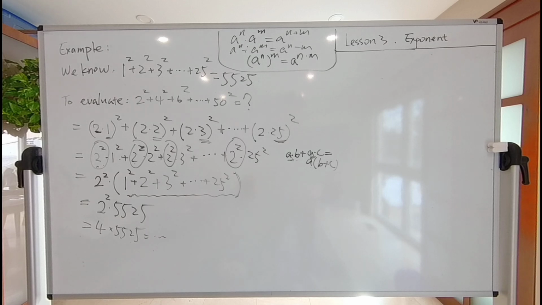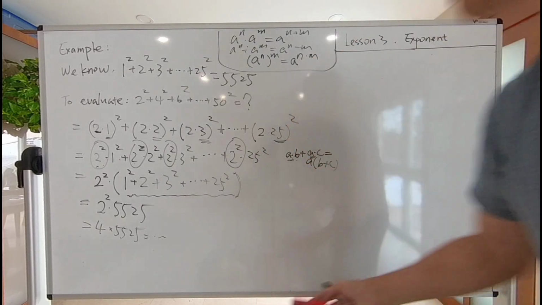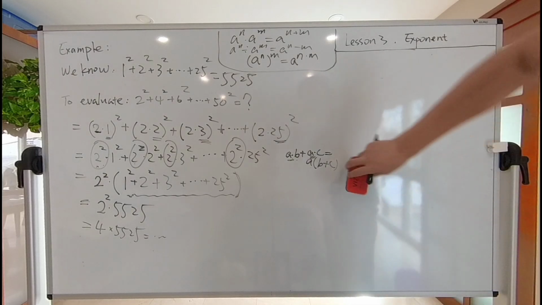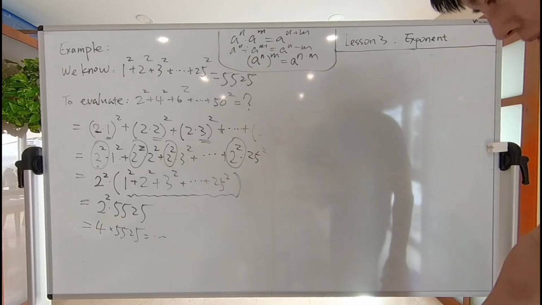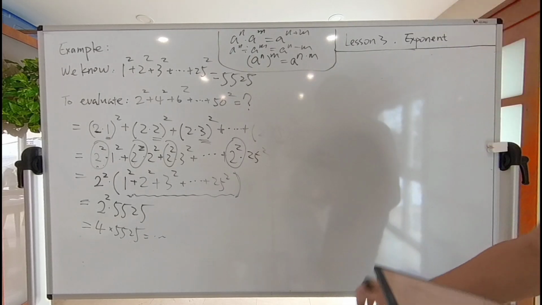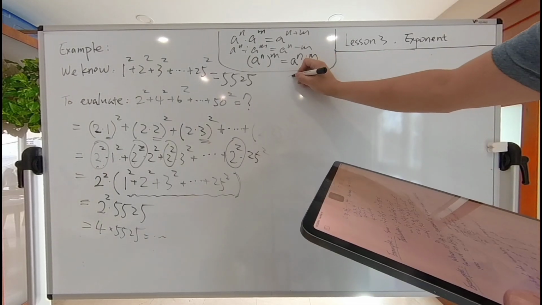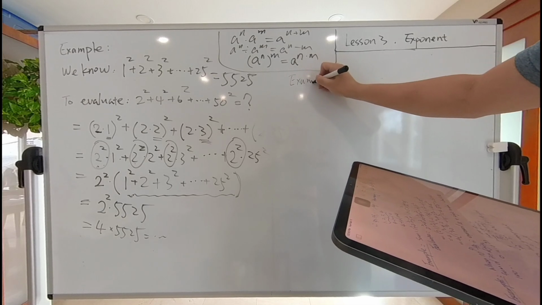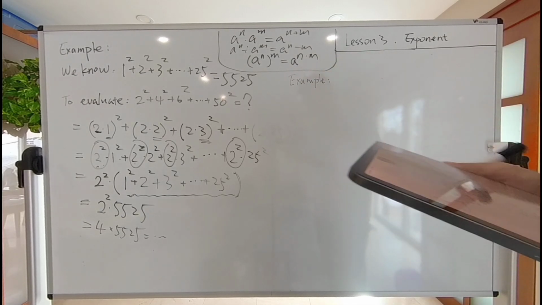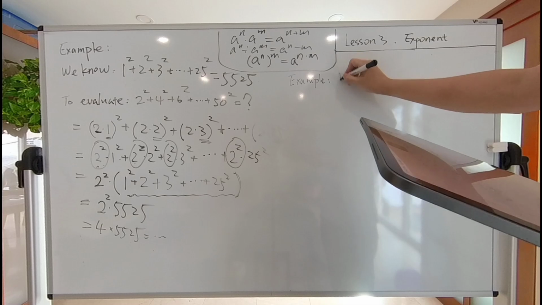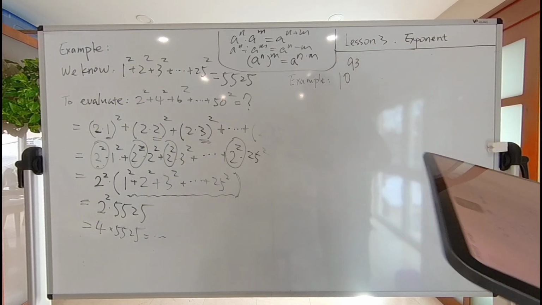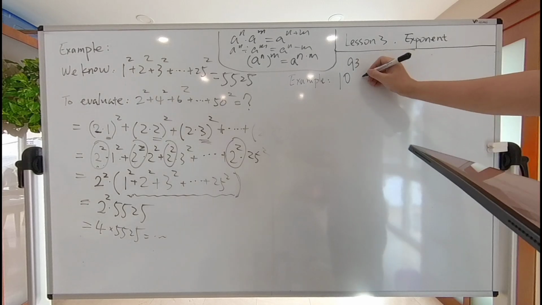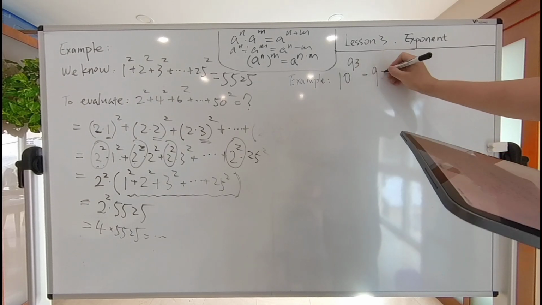And let's see one last example for this lesson. So if I have a number 10 to the 93rd power, subtract 93.